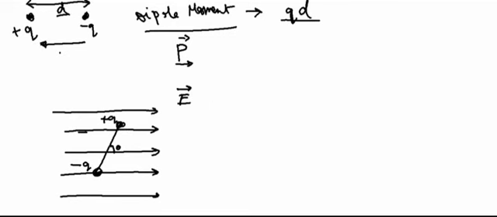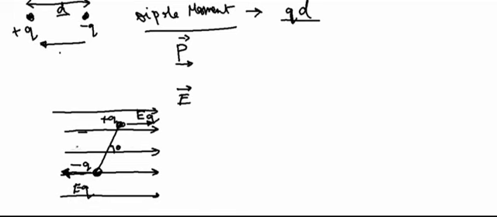So let us find out the magnitude of that torque and whether it is really proportional to this dipole moment qd. We know that any charged particle, when kept in an electric field, experiences a force. E is the force per unit charge, so plus q will experience a force equal to Eq, and the negative charge will experience a force equal in magnitude but opposite in direction to the electric field.